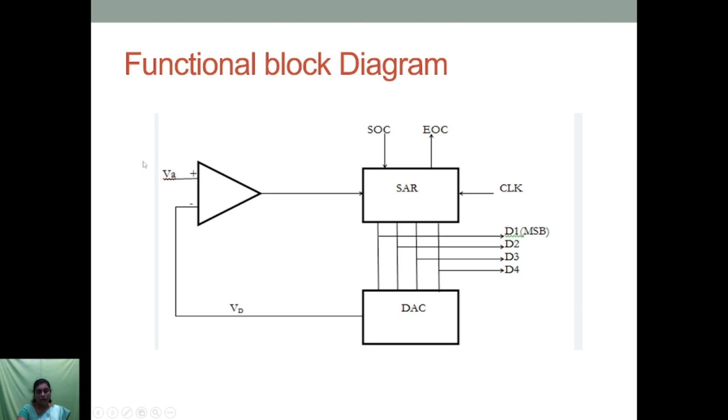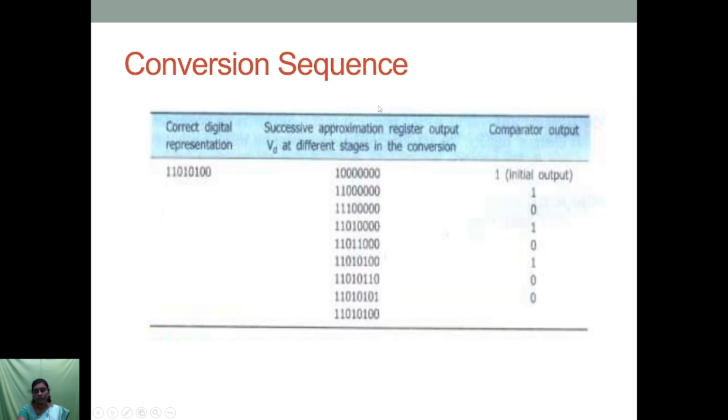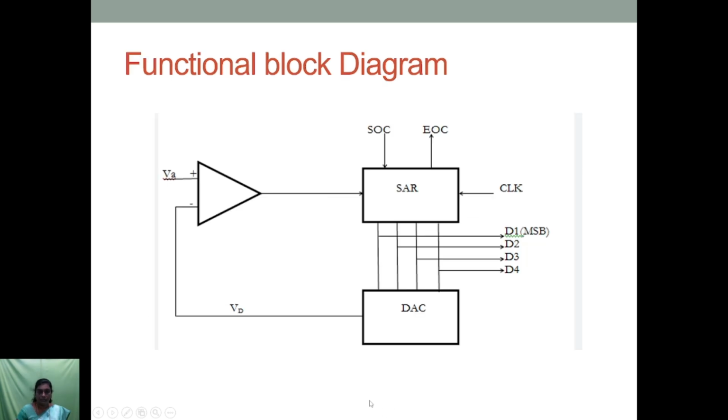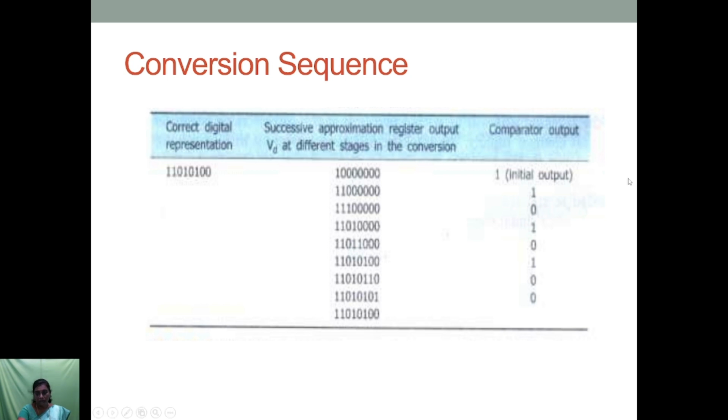Now we compare this input analog signal with the DAC output, that is, the DAC gives the analog signal corresponding to this digital code. Now if VA is greater than this VD, then the output of the comparator will be 1. When the comparator output is 1, then the next bit will be set as 1.